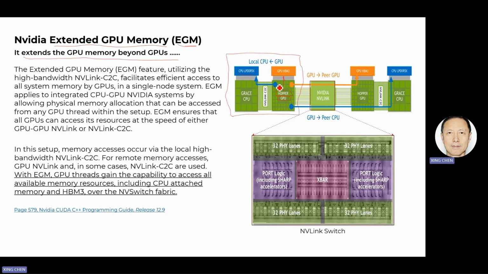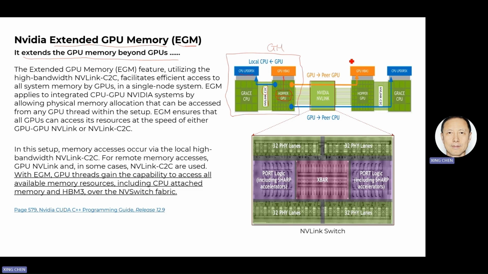It has been shown by this blue line with an arrow, and this read and write has to go through this C2C NVLink. In a sense, the Hopper GPU's memory has been extended to cover the CPU memory. So it seems that right now the GPU has more than its own HBM3 memory. Its HBM3 memory has been extended. This is the meaning of extended GPU memory. There is no mystery here. This is within a Grace Hopper.